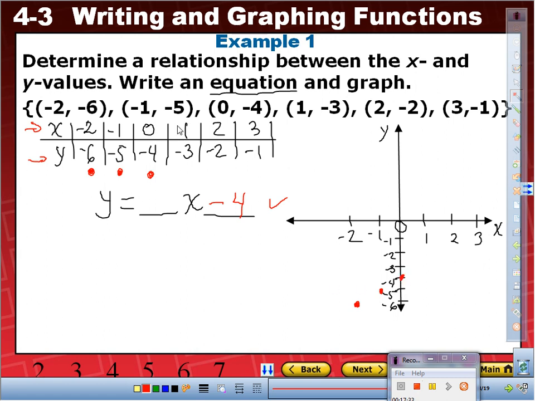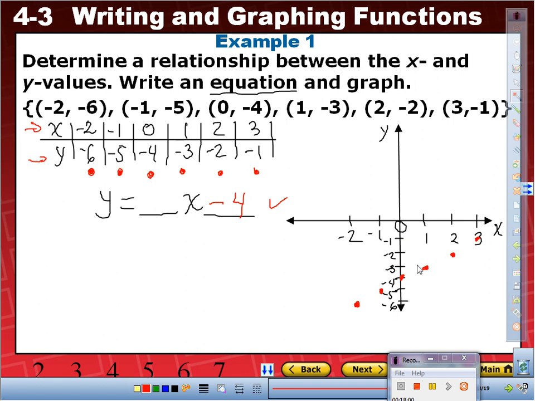Next one. 1 of x, -3 of y. Next one. 2 of x, -2 of y. And the last one. 3 of x, -1 of y.